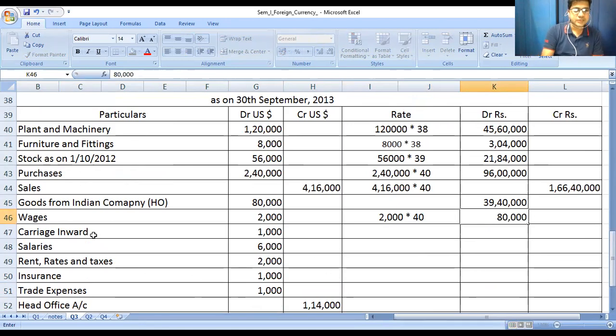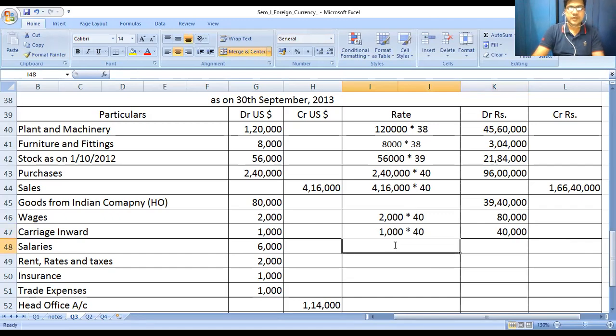What about the carriage inward? 1,000 US dollar. Which rate do we apply? Average rate. 1,000 into 40, that is 40,000. Then next is salaries, 6,000.